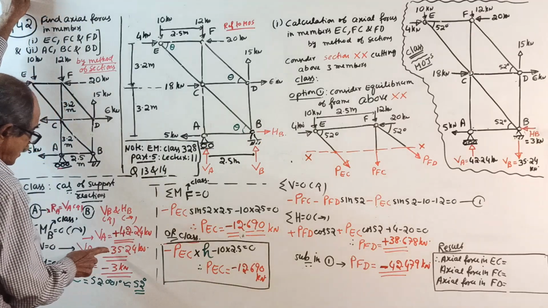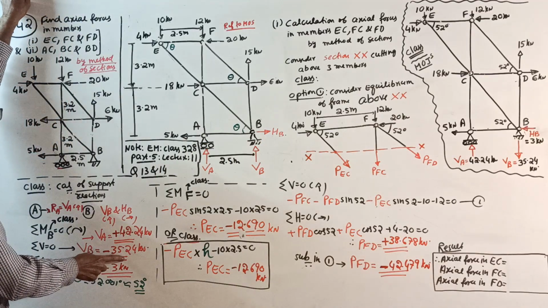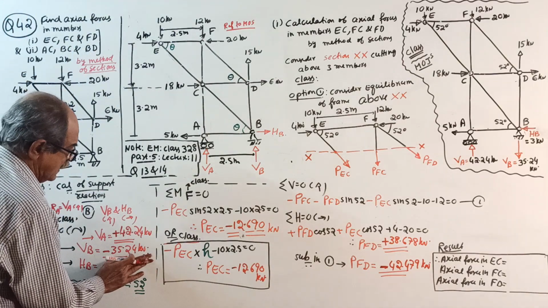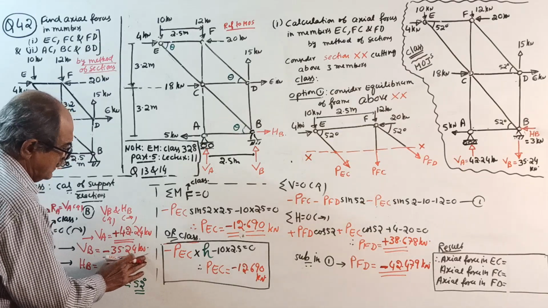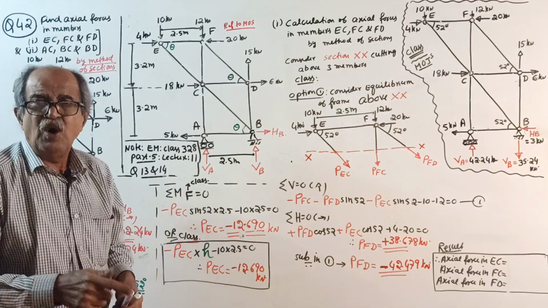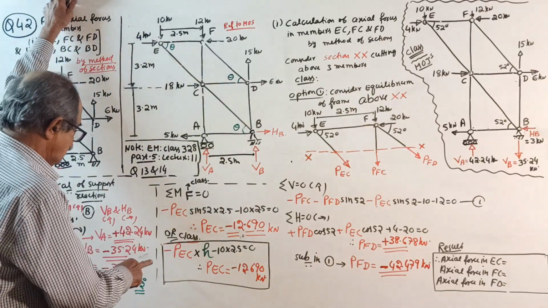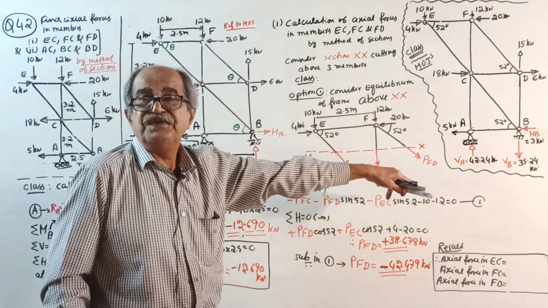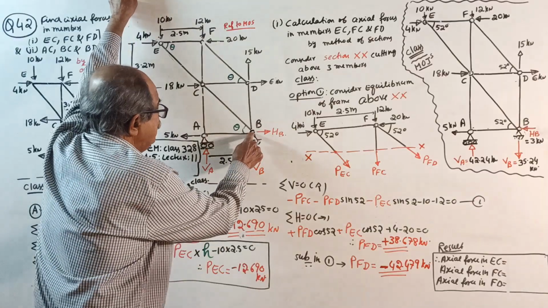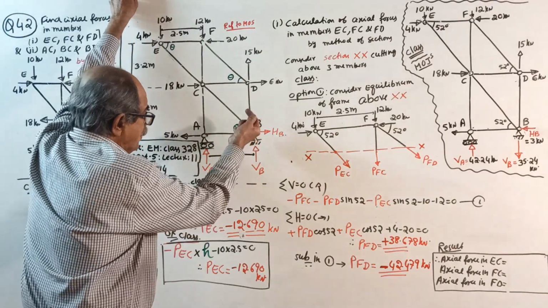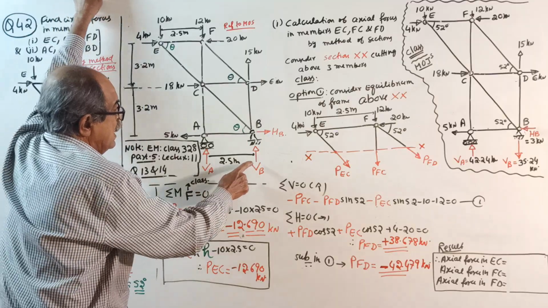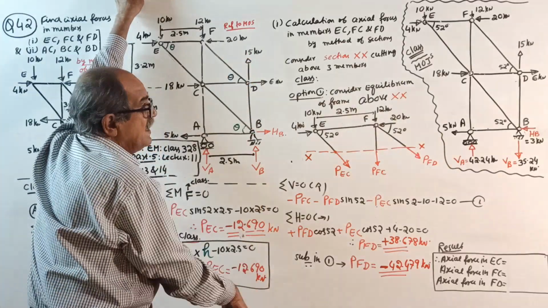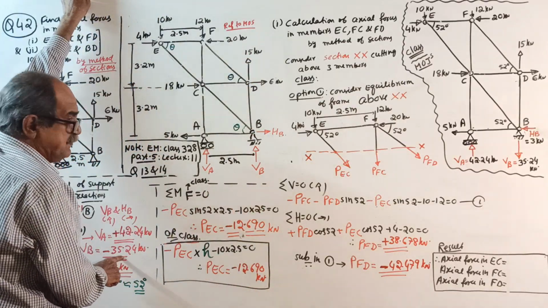Then VB, I assumed vertically up. But when I solved, VB came minus 35.24. Some people will write here that it is down. No, that is a mathematical blunder. With the minus sign, don't write minus down. Nonsense. So we got a minus sign. Later in any sketch, if I have to mark VB, I assumed upward and a negative sign came, so I will write VB in the downward direction, in black color, equal to 35.24.